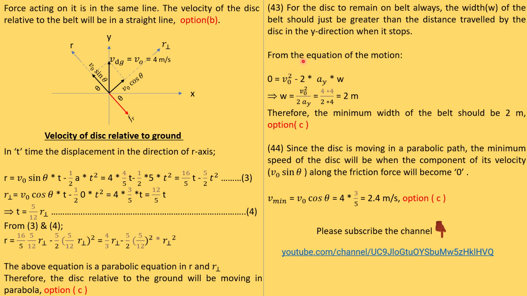Now let us go to question 43. The question is saying the disk should always remain on the belt. So what does it mean? The disk is moving perpendicular to the belt, observing it from the ground.